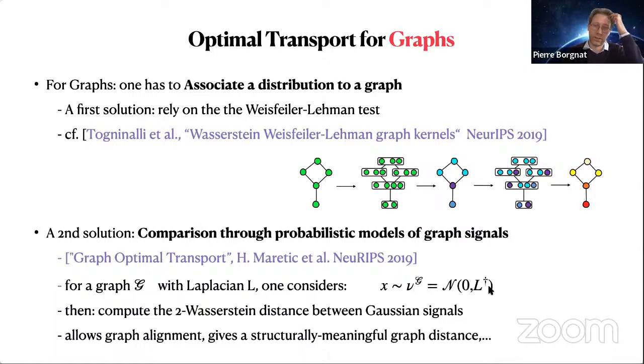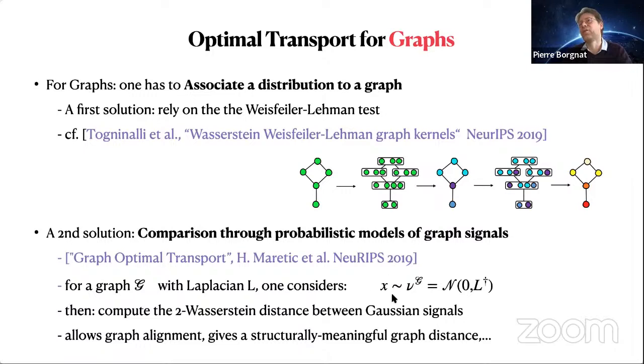Gaussian graphical models, in a sense, taken as a Gaussian distribution with a covariance which is the inverse or the pseudo-inverse of the Laplacian of the graph. And this is a generative way to have signals which have controlled properties on the graph.